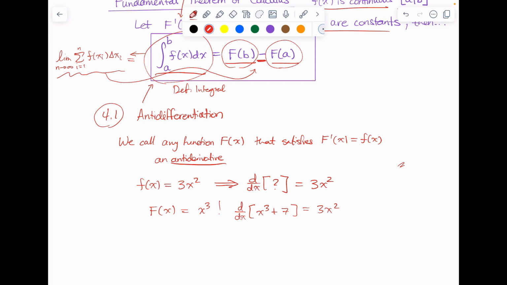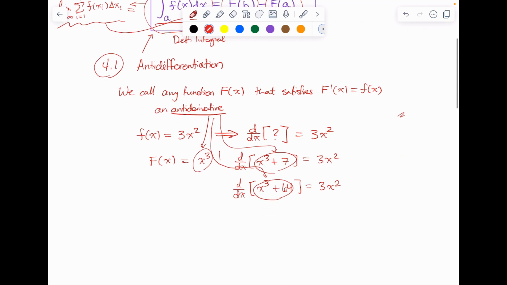So actually, this x cubed, that's an antiderivative, and so is this. And so is, let's use one of my favorite numbers, x cubed plus 64. That would also give you 3x squared. That is also considered an antiderivative.